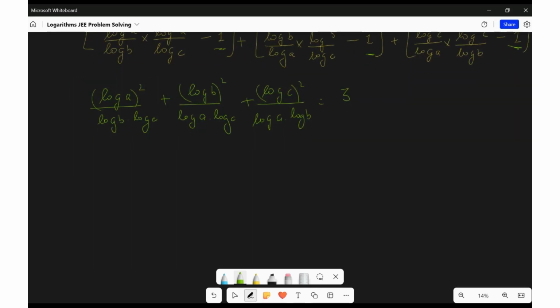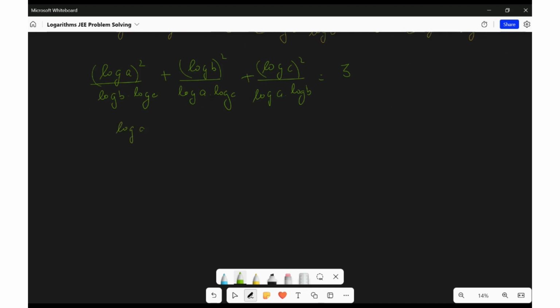Now we'll make the denominator the same to add all the numerators. So we get the expression as log a whole cube plus log b whole cube plus log c whole cube by log a into log b into log c, which is equal to 3.